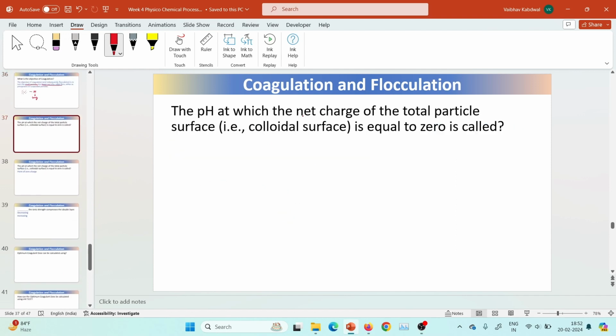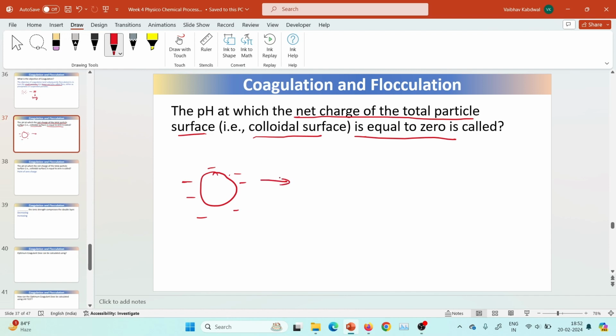The pH at which the net charge of the total particle surface equals 0 is called what? Suppose this is the colloidal surface; it has a negative charge initially.